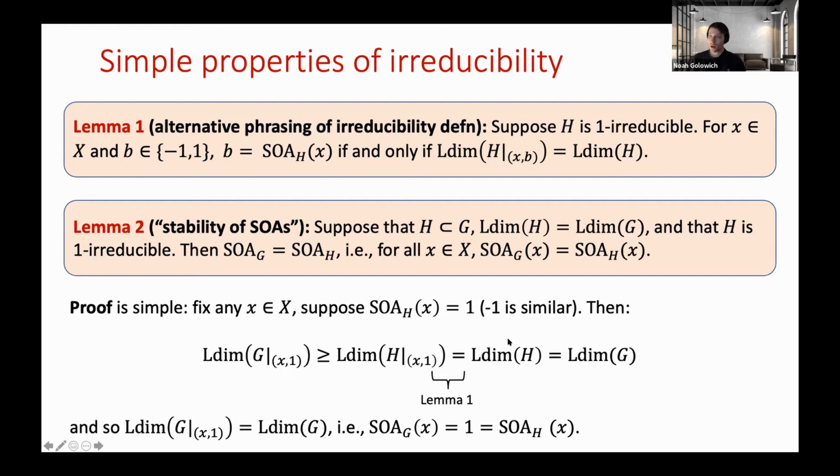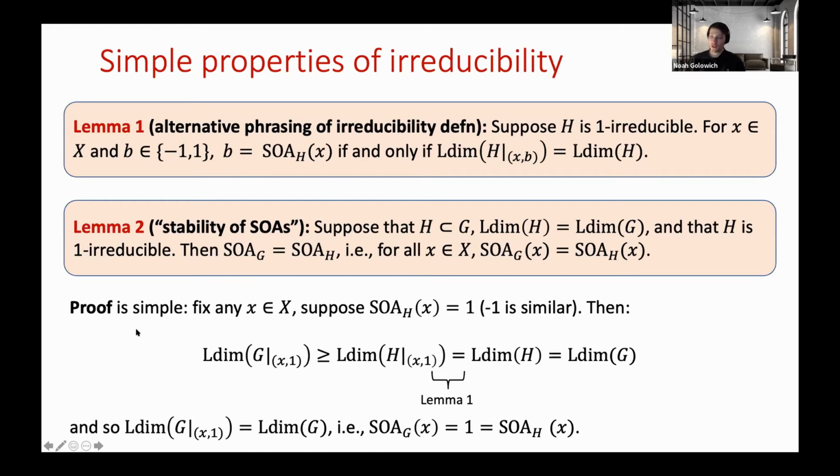Next, we use irreducibility, showing that the Littlestone dimension of H restricted to x1 is equal to the Littlestone dimension of H. This uses lemma 1, basically because we assume SOA H of x is equal to 1. And finally, the Littlestone dimensions of H and G are equal by assumption.